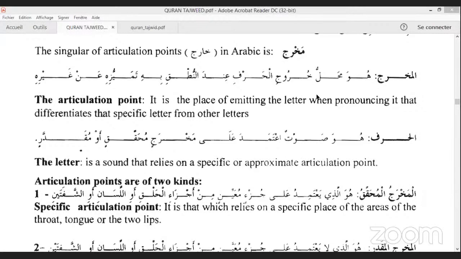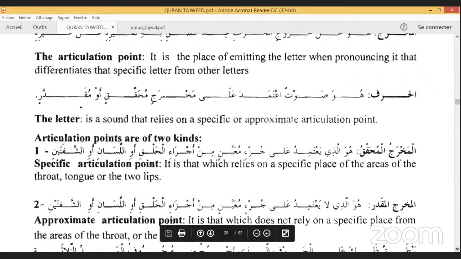So we have in Tajweed, or in Arabic in general, articulation points of 2 kinds. Number 1, specific articulation point. It is that which relies on a specific place of the areas of the throat, tongue, or the 2 lips.